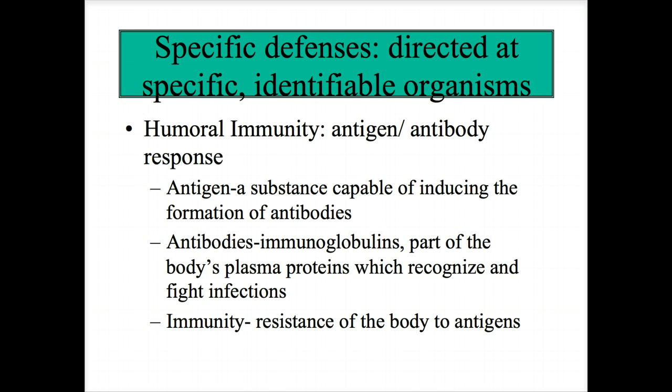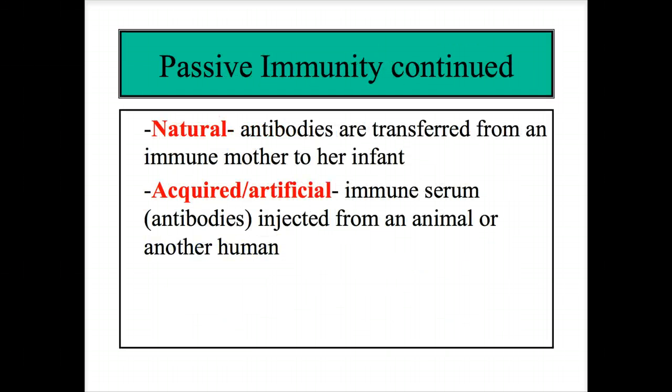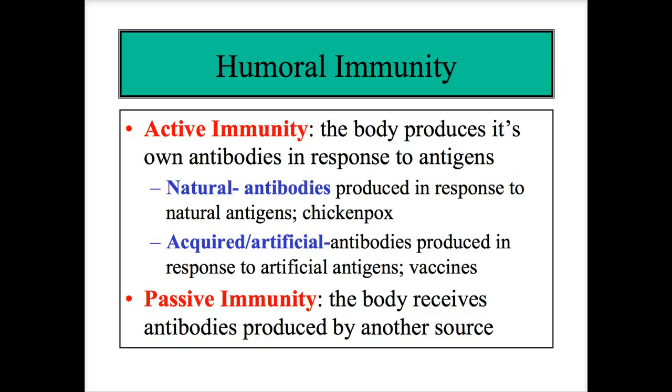So there's two types of immunity. There's active immunity. The body produces its own antibodies. So when I was growing up, there was not an immunization for mumps. So I had to get the mumps, and so I now have active immunity against further illnesses with the mumps.